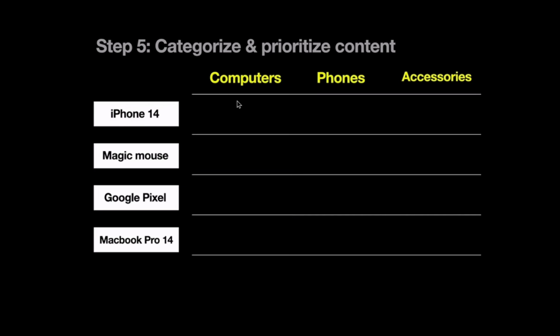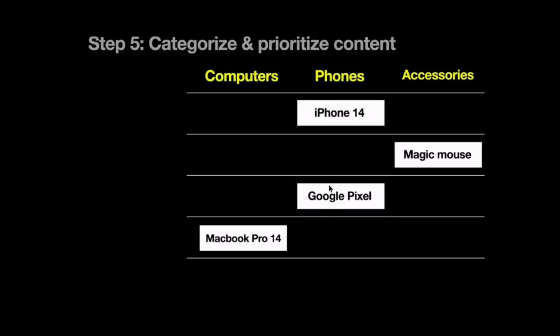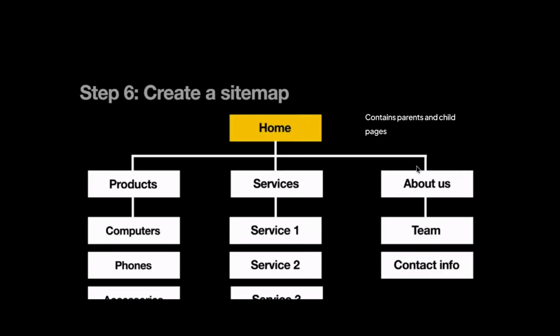When a user comes to an e-commerce site, they already know that if they go to computers, they are going to see different things like MacBook, desktop. When they come to phones, they know they will see different types of phones. So you need to make sure that you arrange them in a way that the user's mental model can know where to find them without anybody helping them. You can see here, computers have MacBook Pro 14, phones have iPhone 14, Google Pixel, and accessories will have the Magic Mouse.